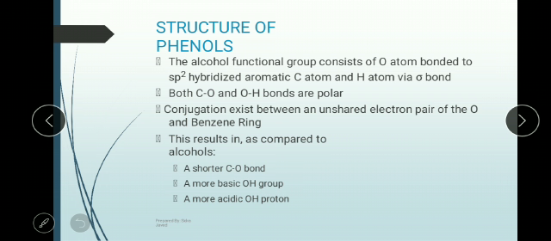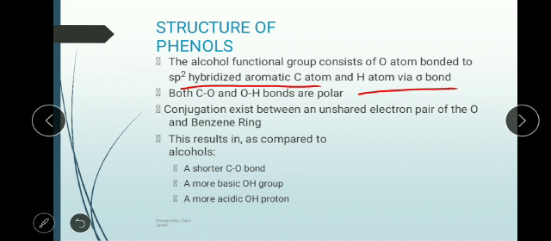So the first point is, the alcohol functional group consists of oxygen bonded to an sp2 hybridized aromatic carbon atom and hydrogen via a sigma bond. Means carbon of benzene and hydrogen of the OH group.